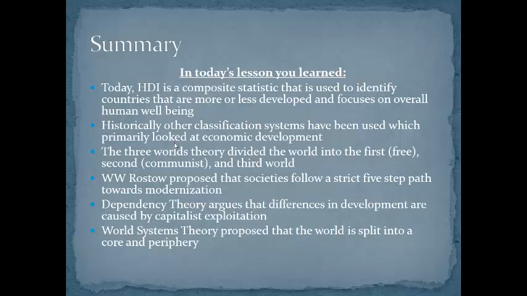Walt Rostow proposed that societies follow a strict 5-step path towards modernization. Dependency theory argues that differences in development are caused by capitalist exploitation. And finally, world systems theory proposes that the world is split into a core and a periphery.